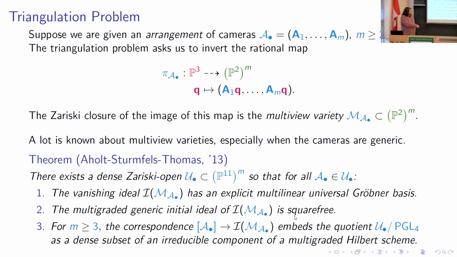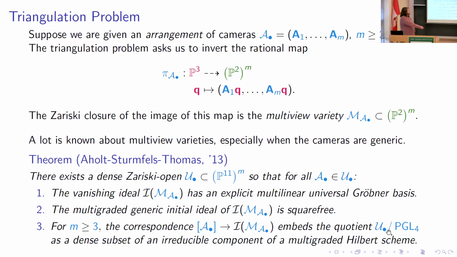And thirdly, if you have at least 3 cameras in your arrangement, then I can look at a mapping that associates to each camera tuple, considered up to the action of PGL4, the ideal of the multi-view variety. I didn't actually say what that action is, but it's by right multiplication on each of the cameras simultaneously.